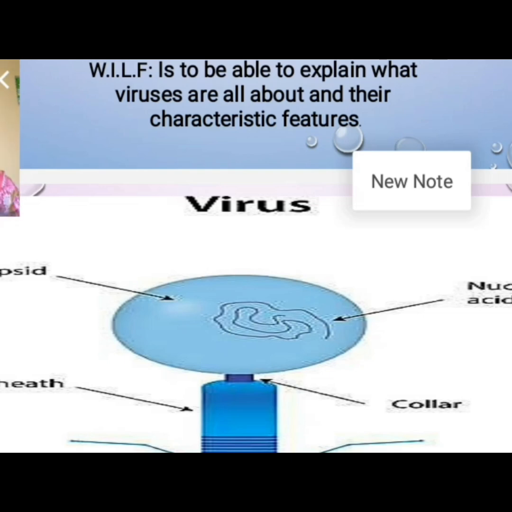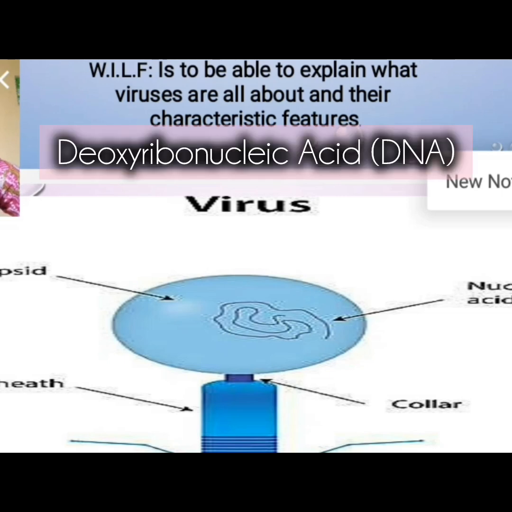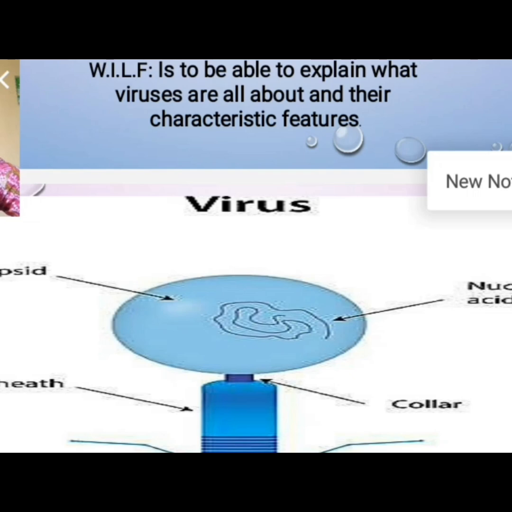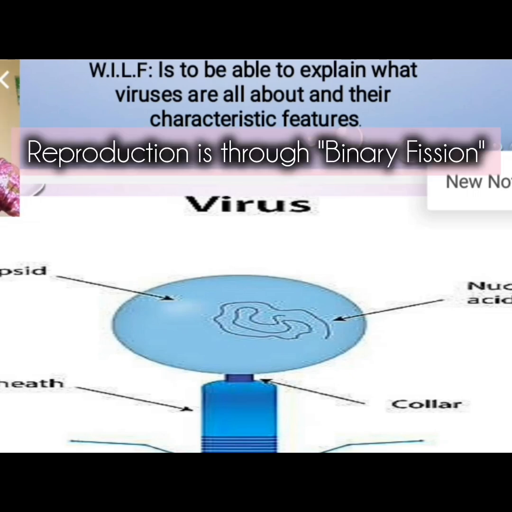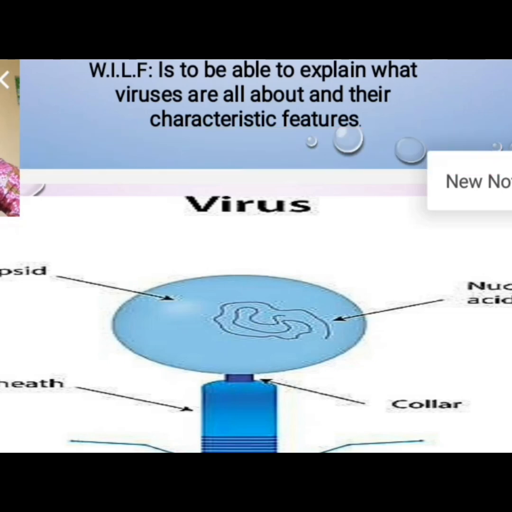The nucleic acid is that part of the structure of a virus that enables it to carry out its daily activities, because the nucleus is the control center of any cell as the smallest fundamental, functional and structural unit of life. So the nucleic acid is that part that consists of the DNA, that is the deoxyribonucleic acid, which carries the traits or the characteristics of this virus, and whenever they replicate through binary fission, it is what gives them their characteristic feature or appearance.